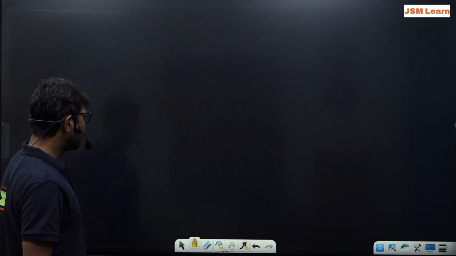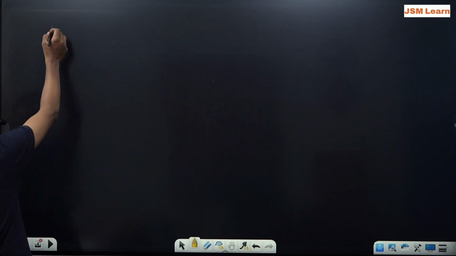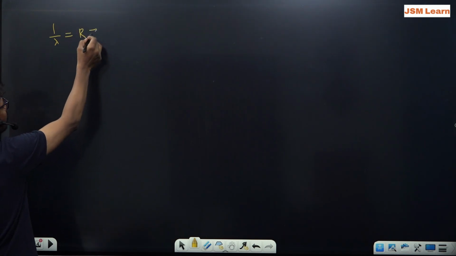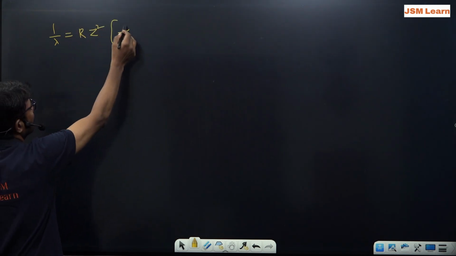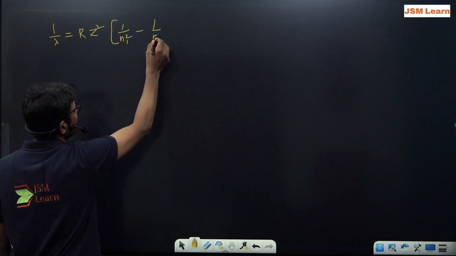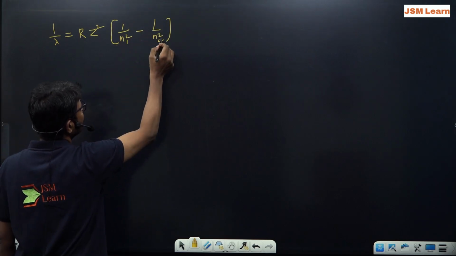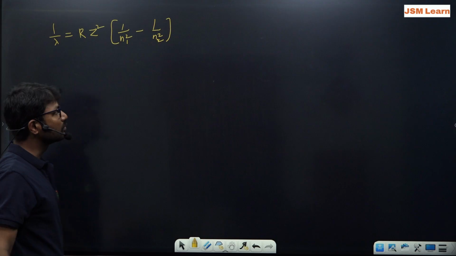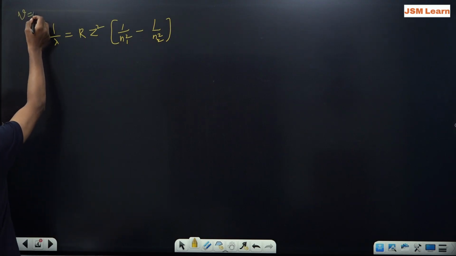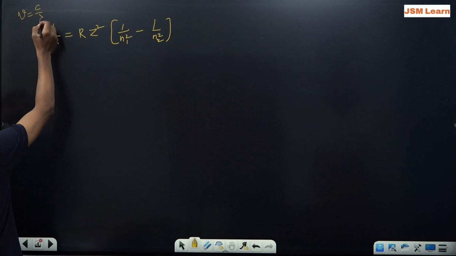As we know the Rydberg formula, 1 upon lambda is equal to R into Z square multiplied by 1 upon n1 square minus 1 upon n2 square. Now, as we know, nu is equal to c upon lambda.